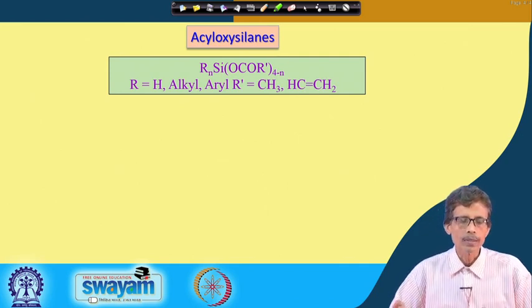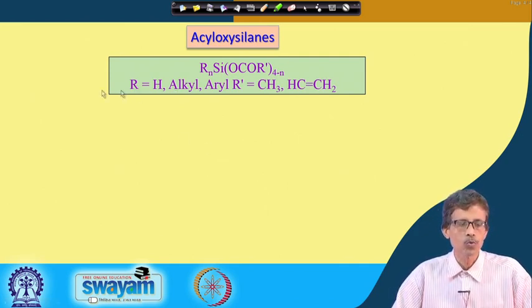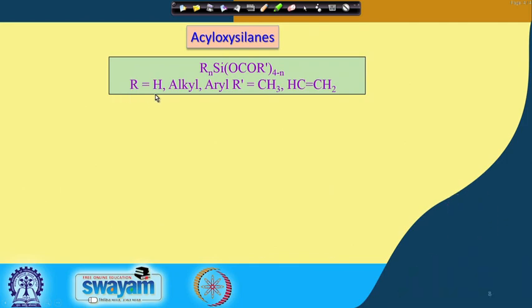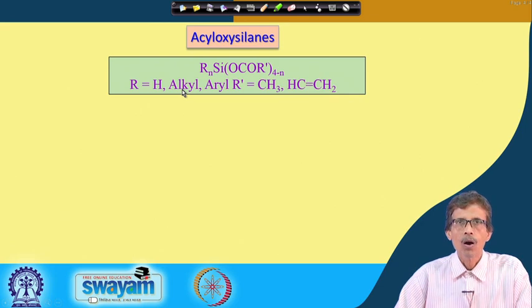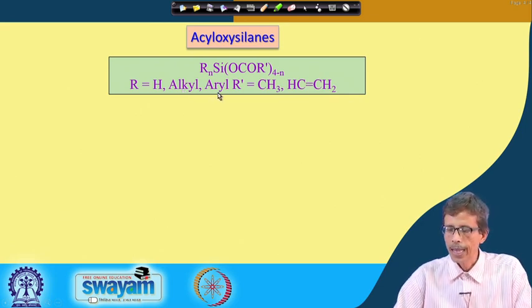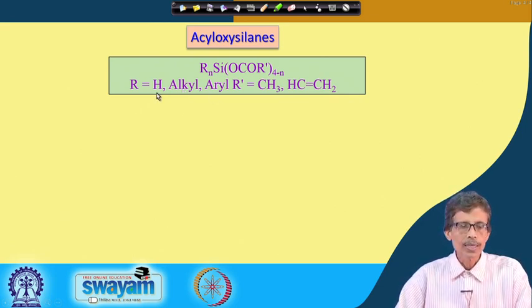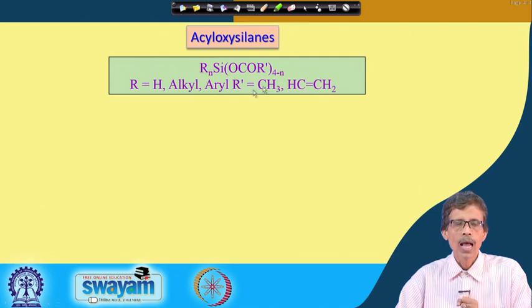R you can have as H, as the corresponding alkyl function, or as the corresponding aryl function. These H, alkyl and aryl functions are introduced to the silicon backbone, along with that R prime function, which can only be attached to the acyl end or the acyloxy end.